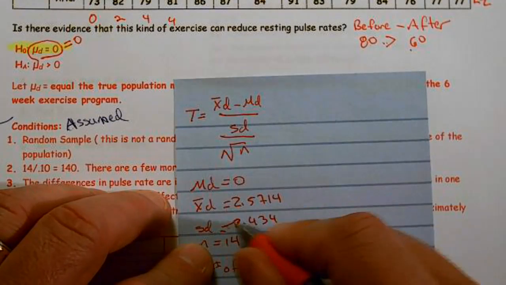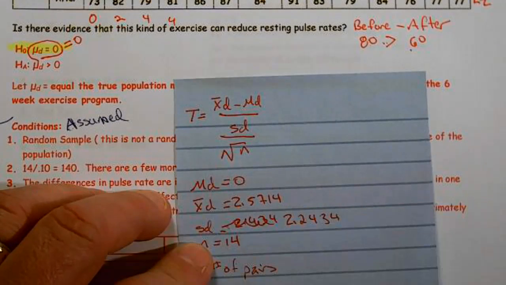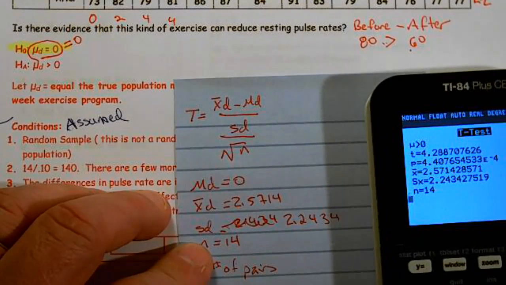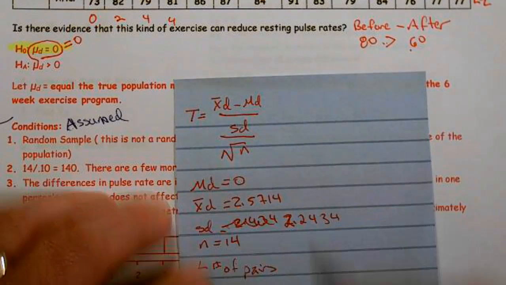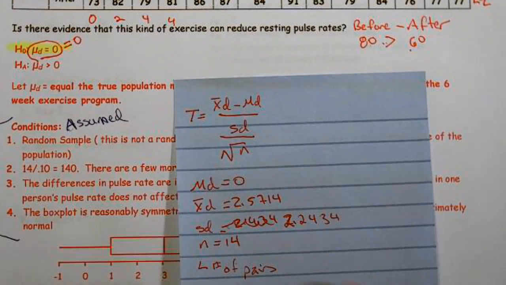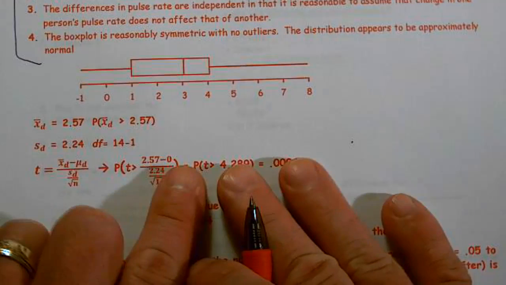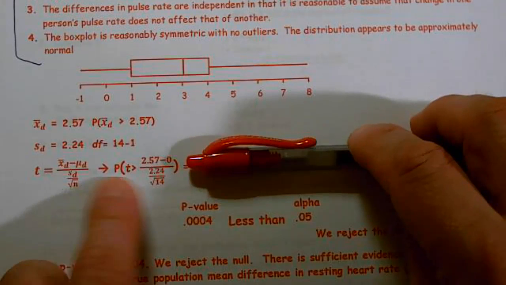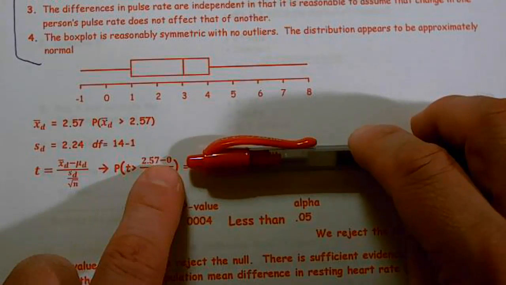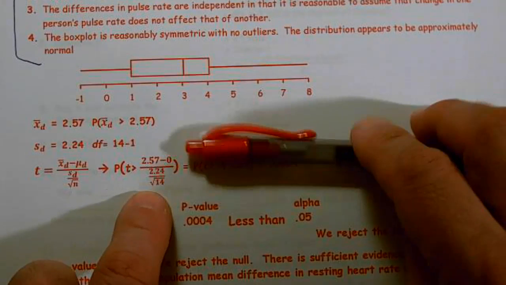Oops, I wrote that incorrectly. 2.2434. That does not look much like a 2. That's a little bit better. All right. So now that I've recorded that, I can go ahead and fill that information into the calculator. And I end up having the 2.57 minus the 0, 2.24 divided by the square root of 14.